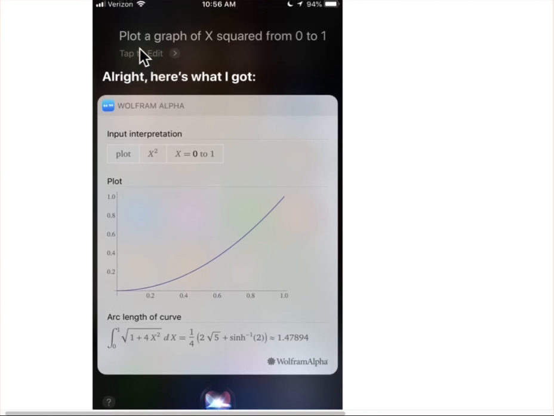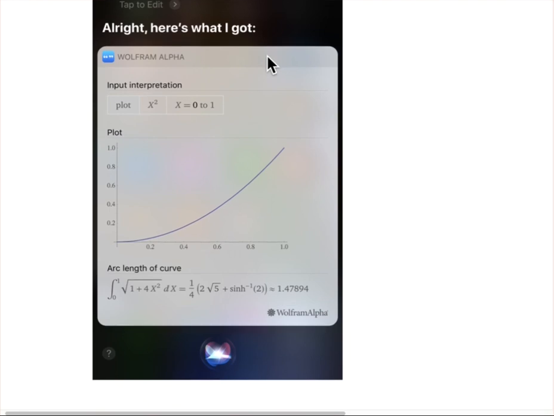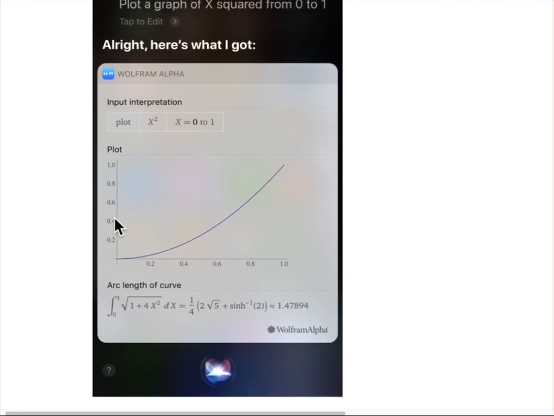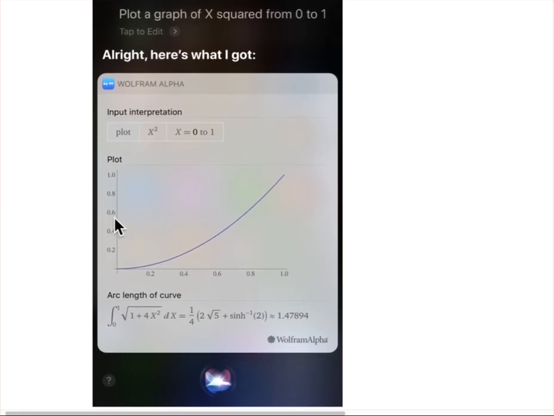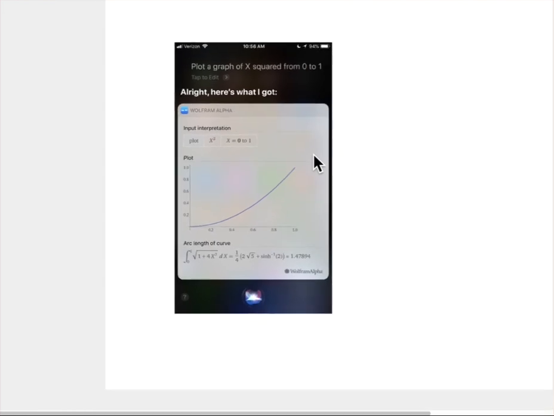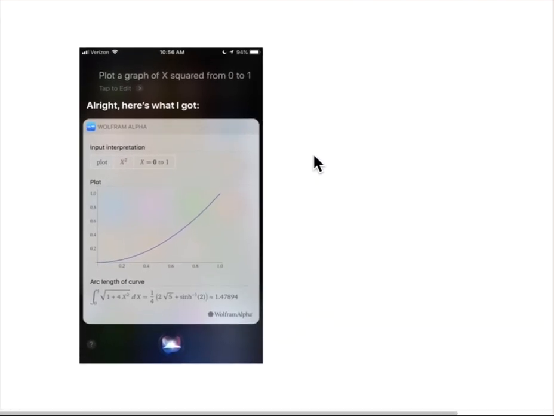So I asked it to plot a graph of x squared from 0 to 1, and by interfacing with Wolfram Alpha over the internet, it came up with this plot. It's kind of neat, whatever its usefulness.